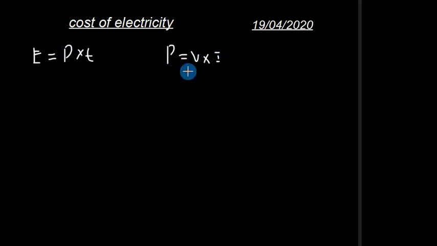So from here, the voltage is 250 volts. That's what we are given, it is rated 250 volts. And then the current is 30 amps.